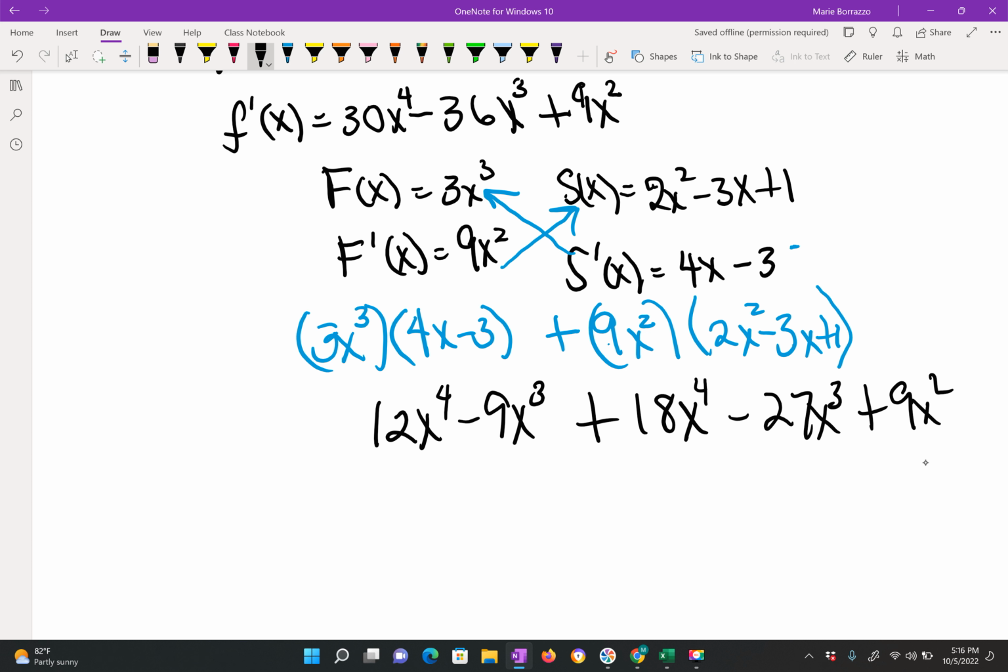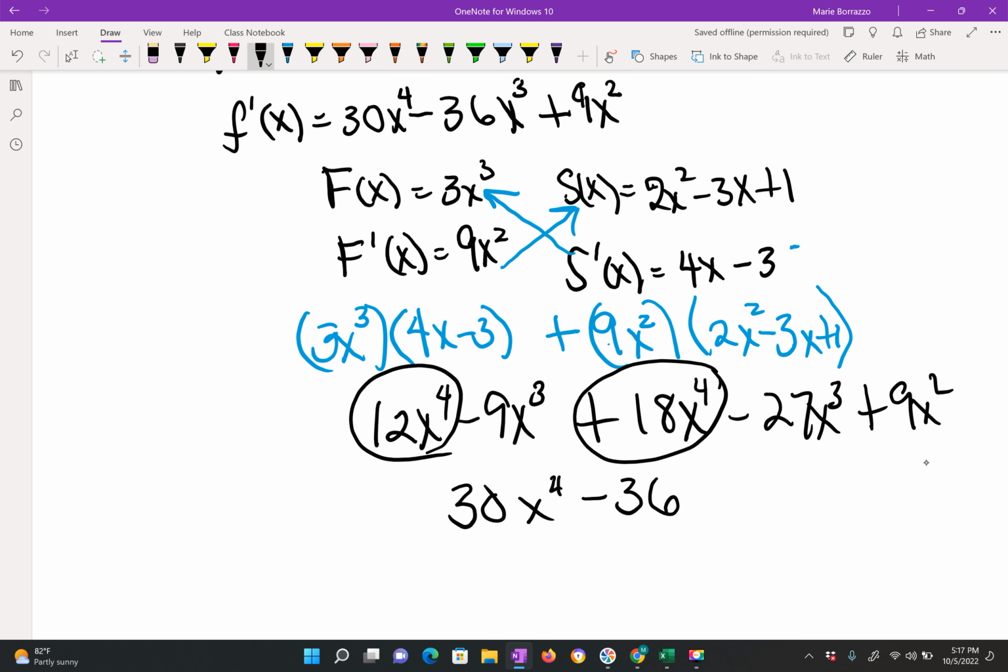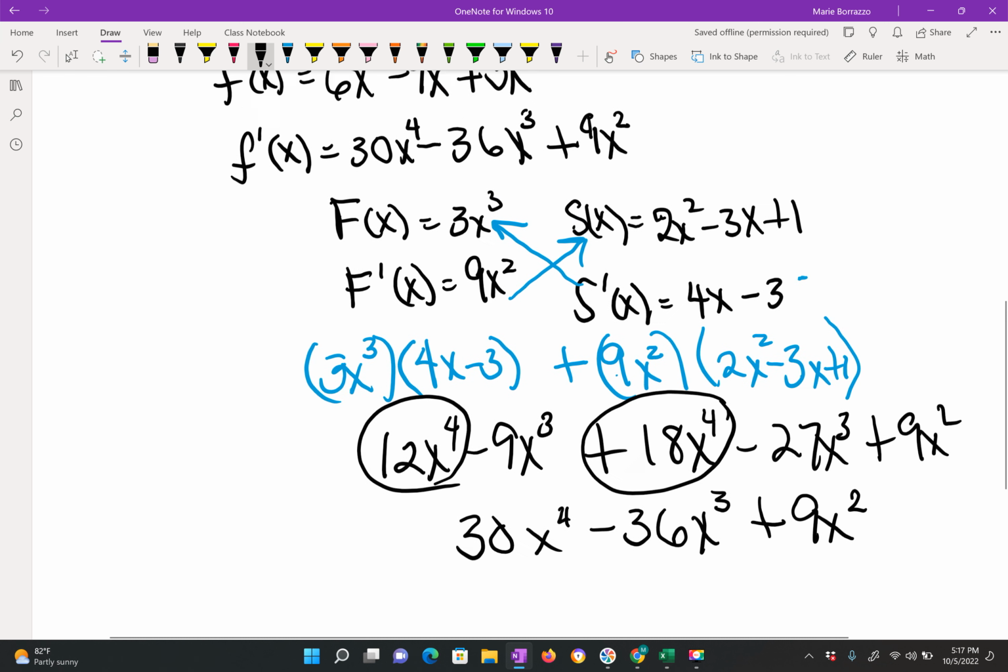Okay, so what happens here? We end up with 12x to the 4th minus 36. No, okay, what is wrong with me? What drugs am I on today? This is 30, thank you. So it's this term and this term. And those two added together, 36x to the 3rd plus 9x squared. There you go. It should match what we have up here, which it does.